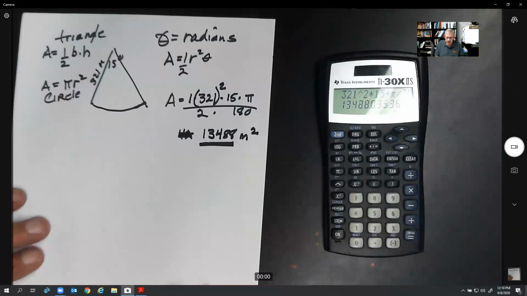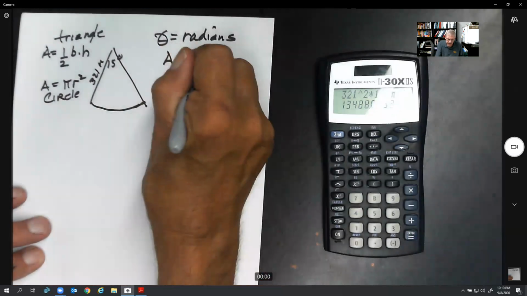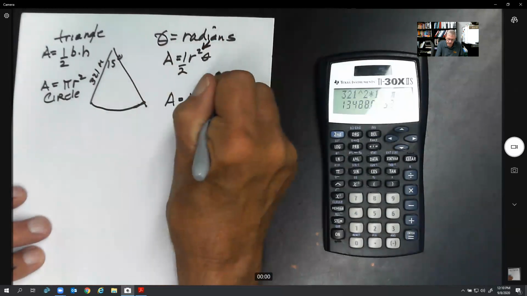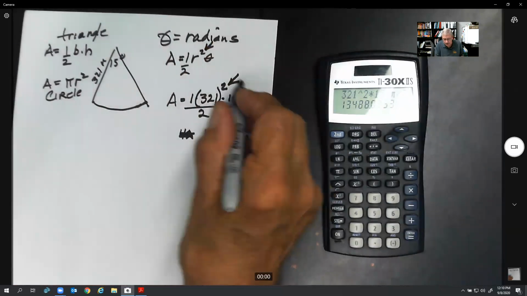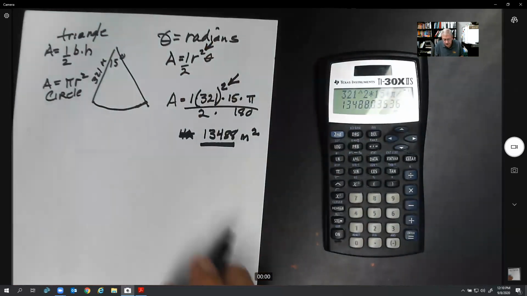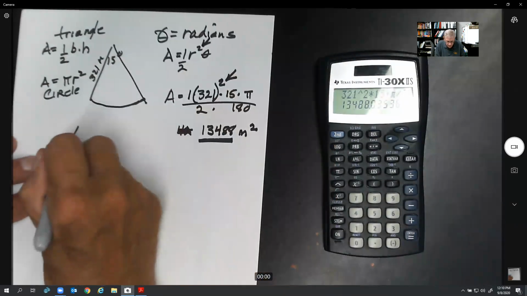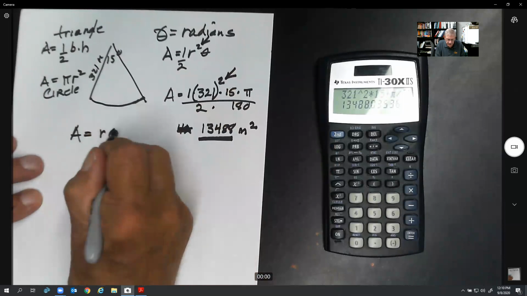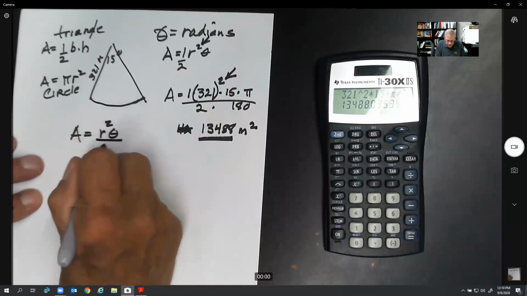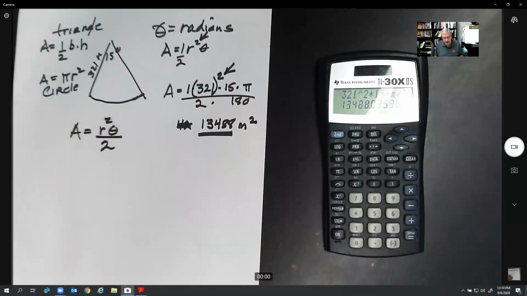So don't forget to square this, because we're used to just using r theta, and now it's r squared theta divided by 2. You can use this variation on the formula, the area of a sector of a circle.